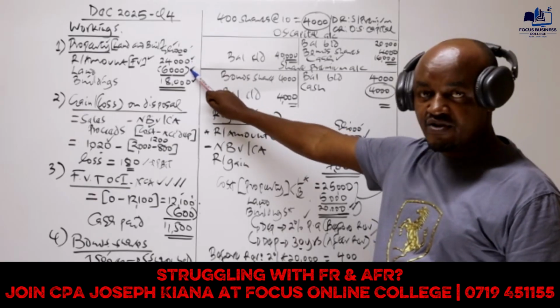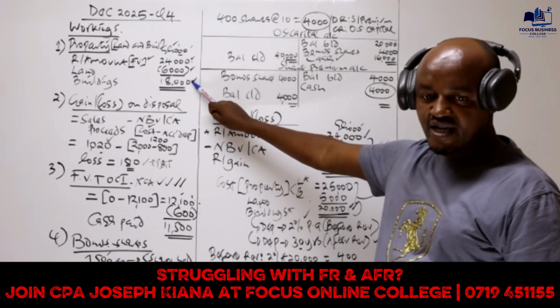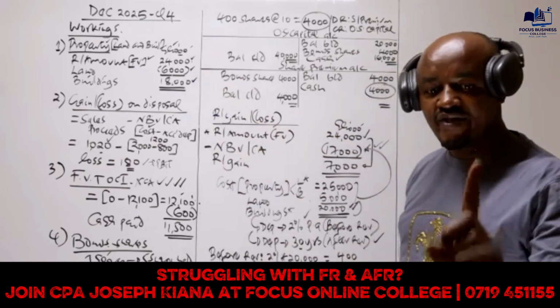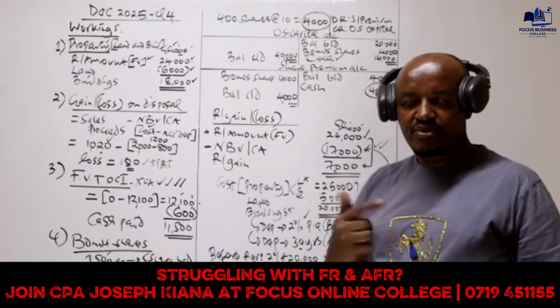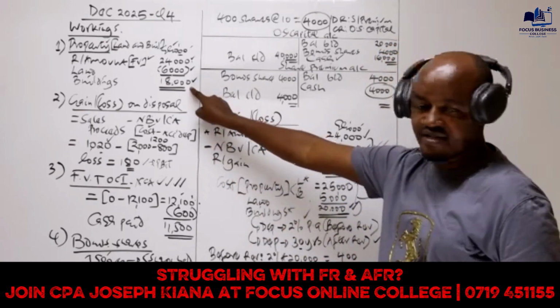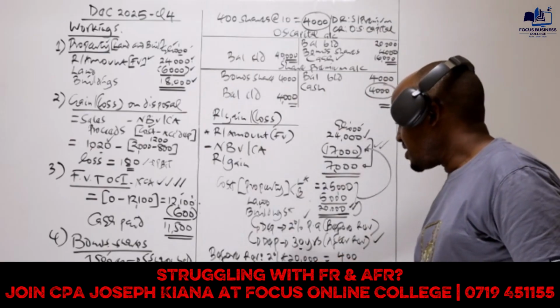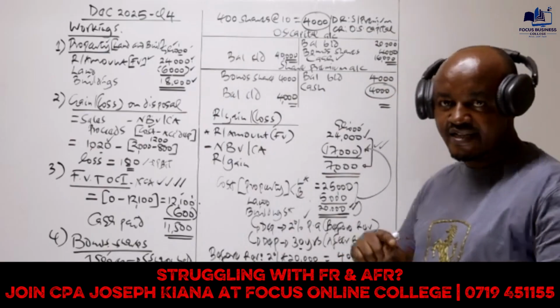The revalued amount of land is 6 million, so the revalued amount of buildings is 18 million. So after revaluation, we are going to compute the depreciation for buildings based on the revalued amount. The new value of the building is 18, and then we are going to depreciate this over the next 30 years.